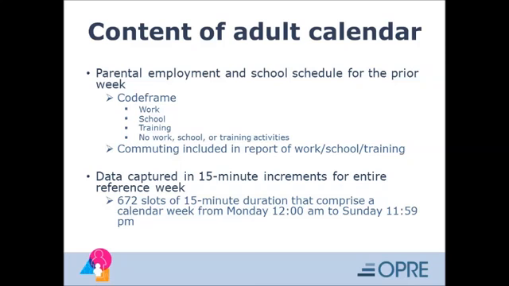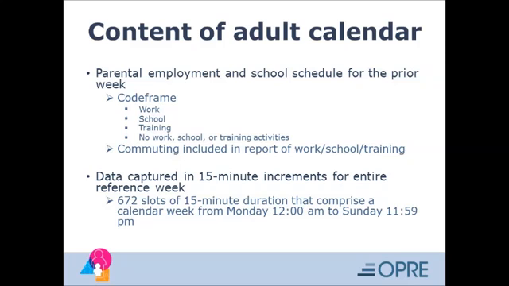You would know whether the parent or the caregiver was in school or in training, and then the inferred category of all these three is no work, school, or training. So note here that you would know that the parent was either at work, school, or training, and then something else, but you wouldn't know specifically what that something else was. And commuting was included in the report of work, school, or training.